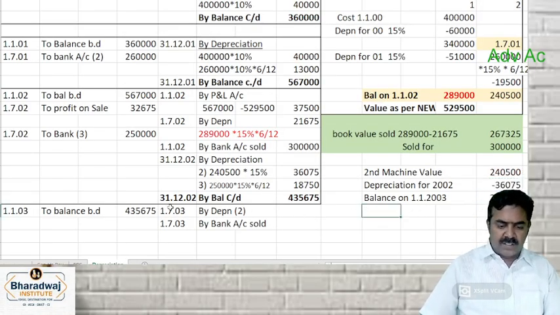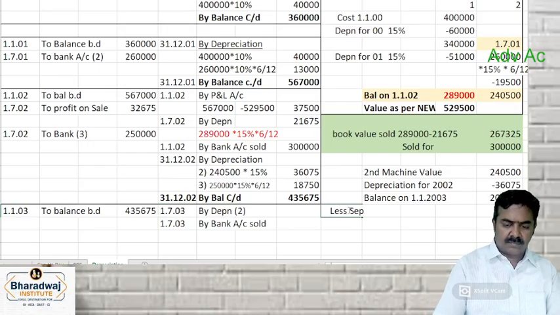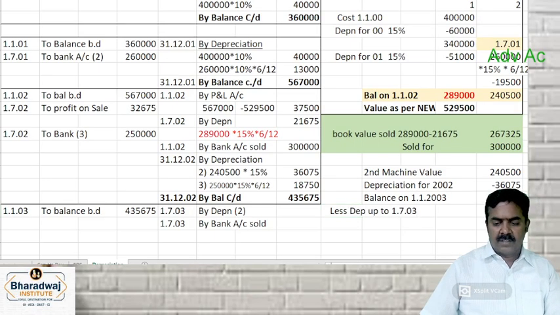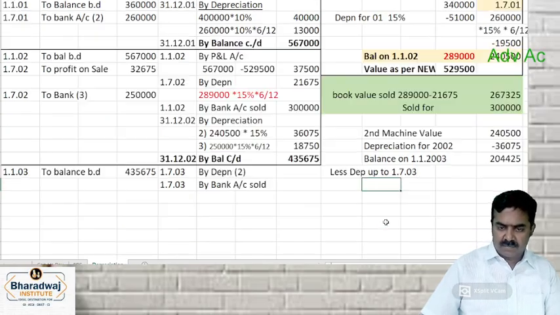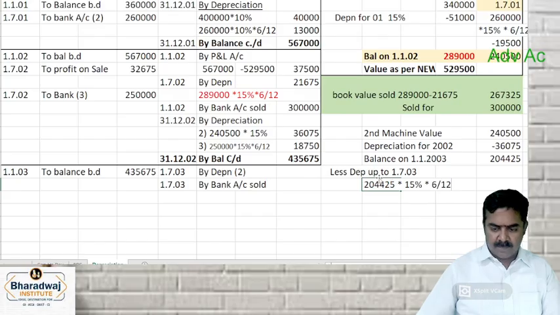Now we have to depreciate up to 1/7/2003, right? What will be the depreciation up to 1/7/2003? 2,04,425 into what percent? 15% for how many months? 6 months.